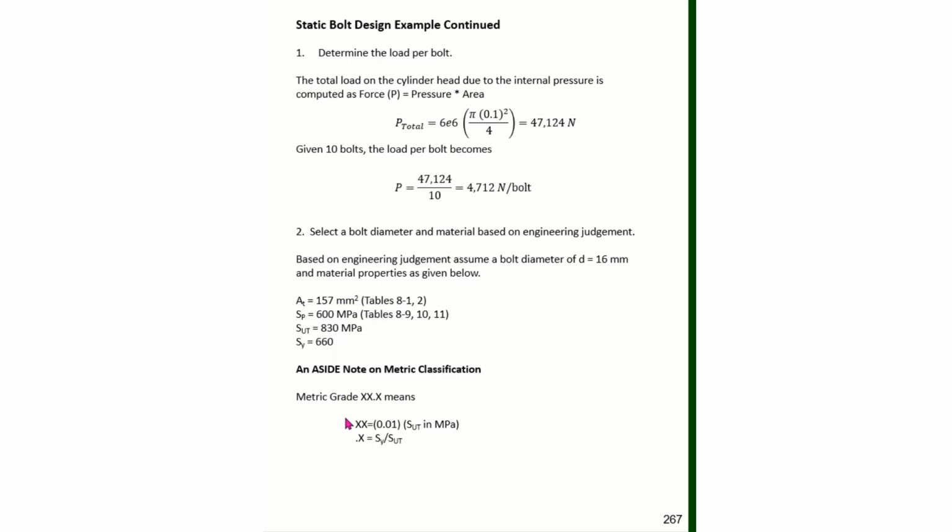Then if we have an 8.8, we would take the 0.8 and set that equal to SY over SUT. If our SUT is 800 and we multiply that by 0.8, we get 640, which is very close to the 660 SY that we're using here.